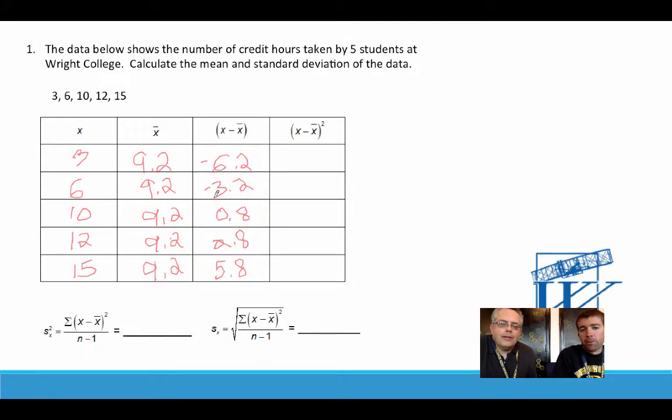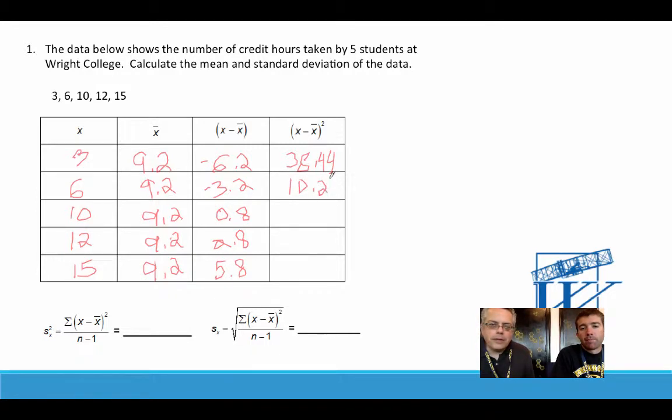But we don't like these negatives, because when we add them up, they kind of cancel each other out. So for standard deviation, we square them. 6.2 squared is 38.44. 3.2 squared is 10.24.